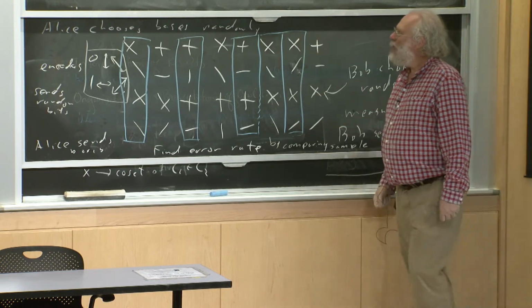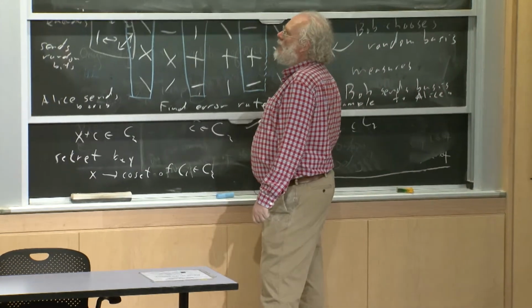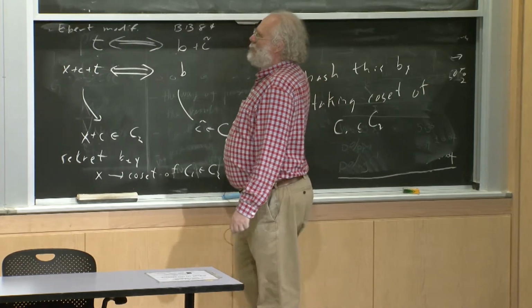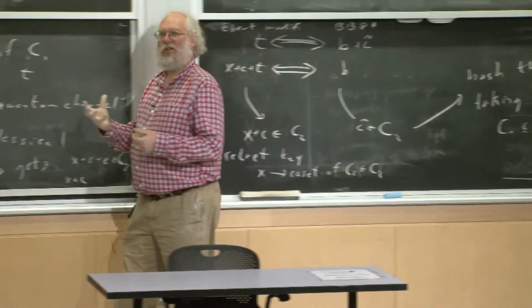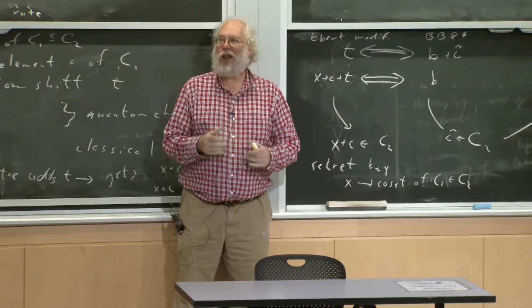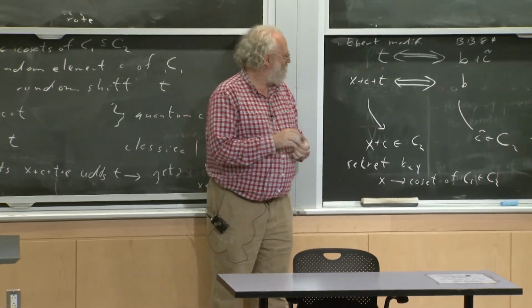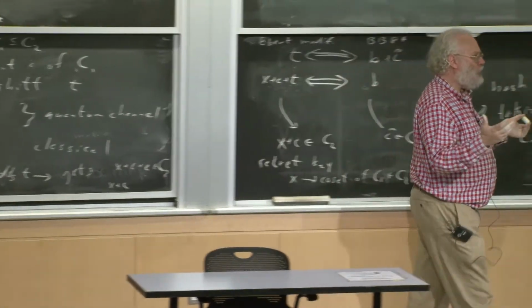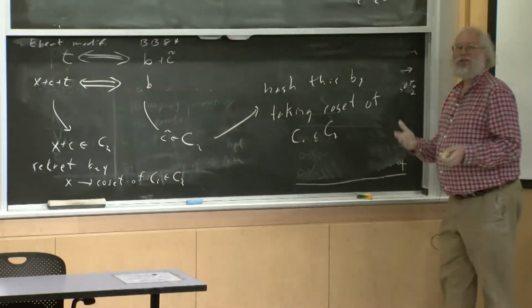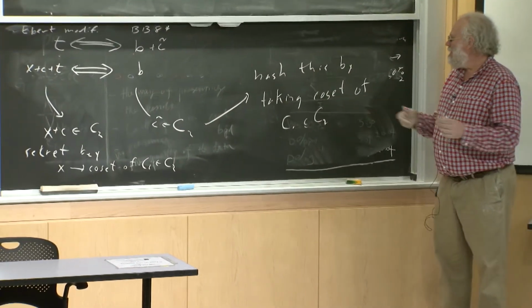So one flavor of BB84 corresponds to this quantum error correcting code. You can actually use a whole bunch of other hash functions.